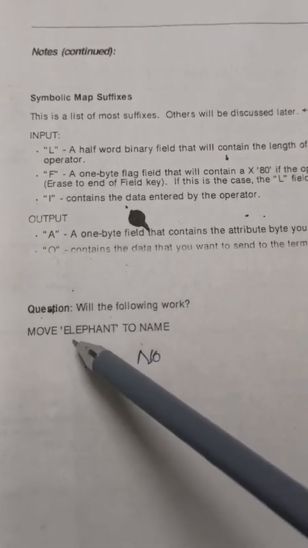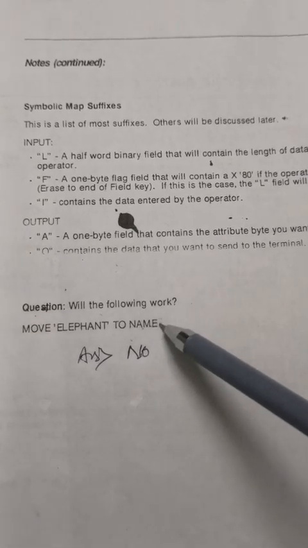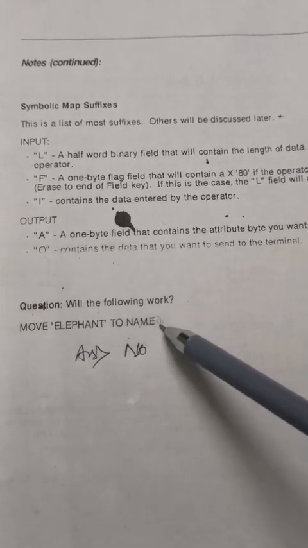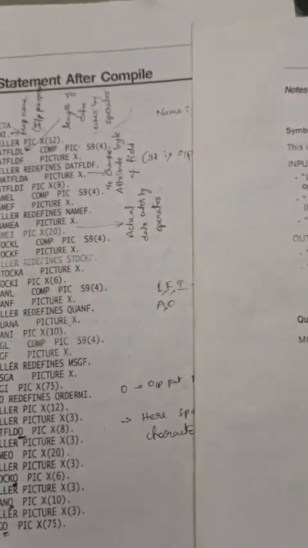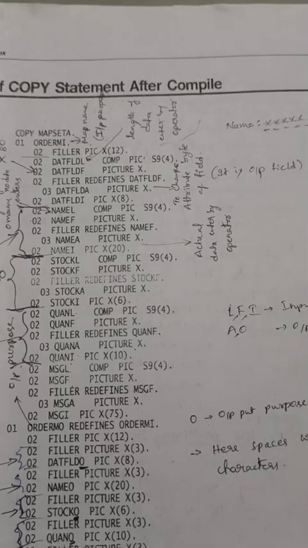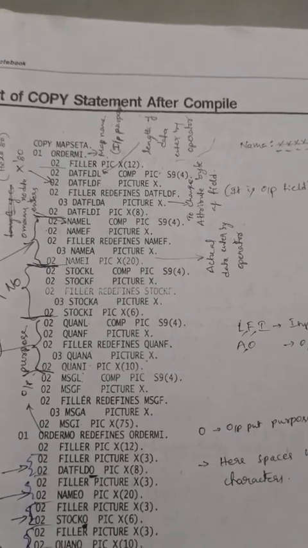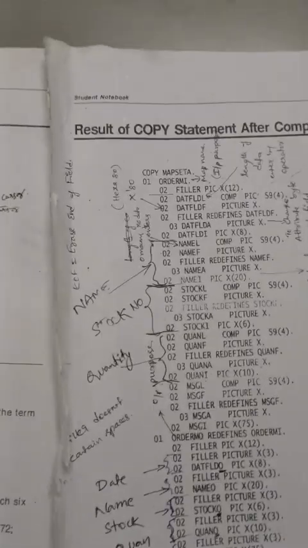This is what they are mentioning, and this is one of the small questions you can take. Can we do a move of elephant to the name field? Just name. Here it is not the O field, it is not the I field, just name. No, this is not the right way to code the program. We will discuss in tomorrow's lessons how we can pass the data through symbolic parameters.